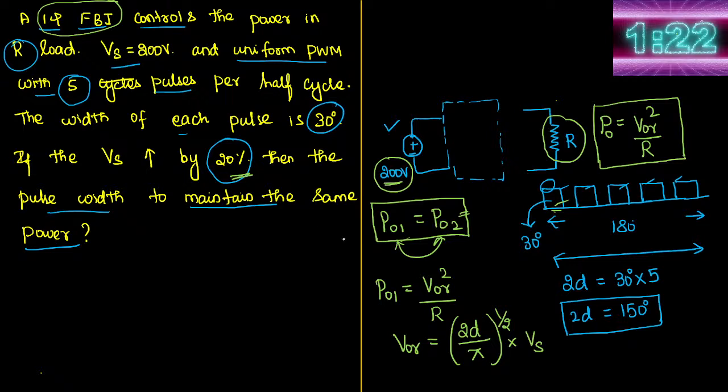We all know that. So in case number 1, I am considering V naught RMS 1 equal to, I am considering total pulse width is 2D1, case number 1, divided by pi whole power 1 by 2 into supply voltage Vs1. I hope we all know these things. Case number 1, we have found that the value of 2D1 equals 150 degree. Why? How is it possible? For one pulse, they told 30 degree. Totally, we kept 5 pulses.